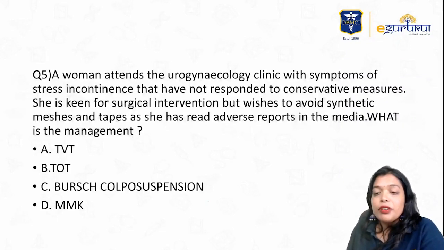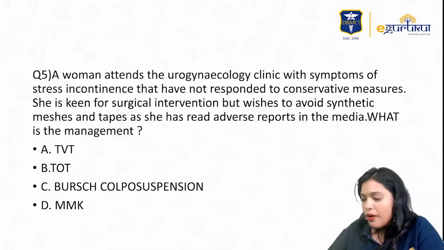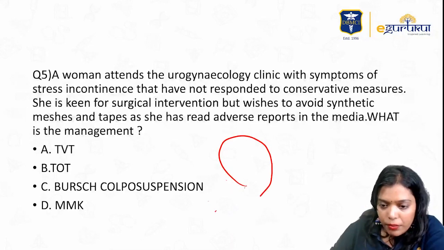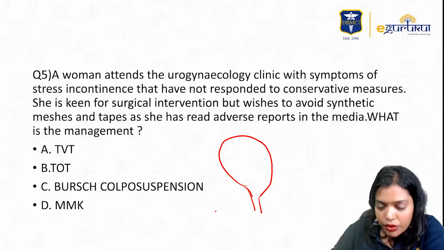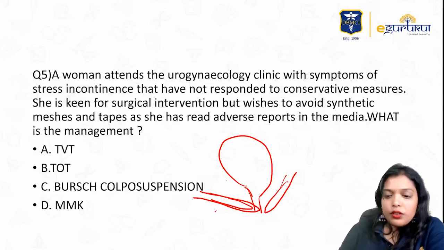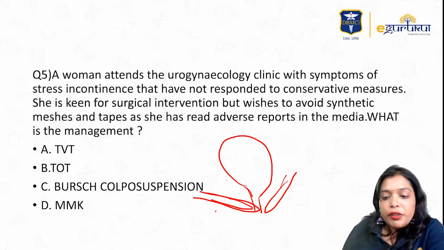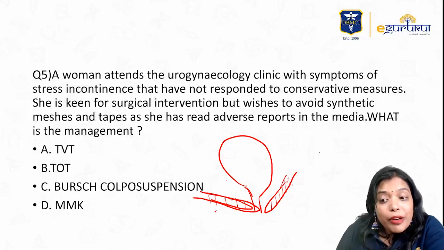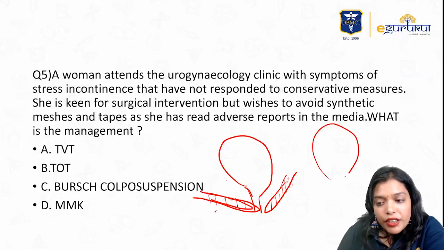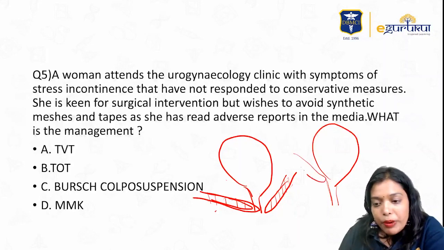So why do we have stress incontinence? Normally the bladder neck and proximal urethra are above the urogenital diaphragm, right? But what happens in patients with stress incontinence is the bladder neck and proximal urethra have passed below the urogenital diaphragm.